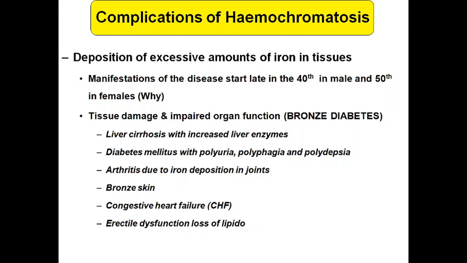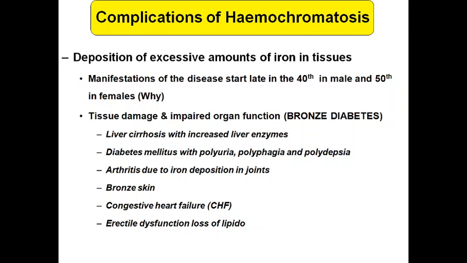Deposition of iron in tissues will cause their damage. If the iron is deposited in the liver, it will cause liver cirrhosis, which may present in the form of increased liver enzymes.